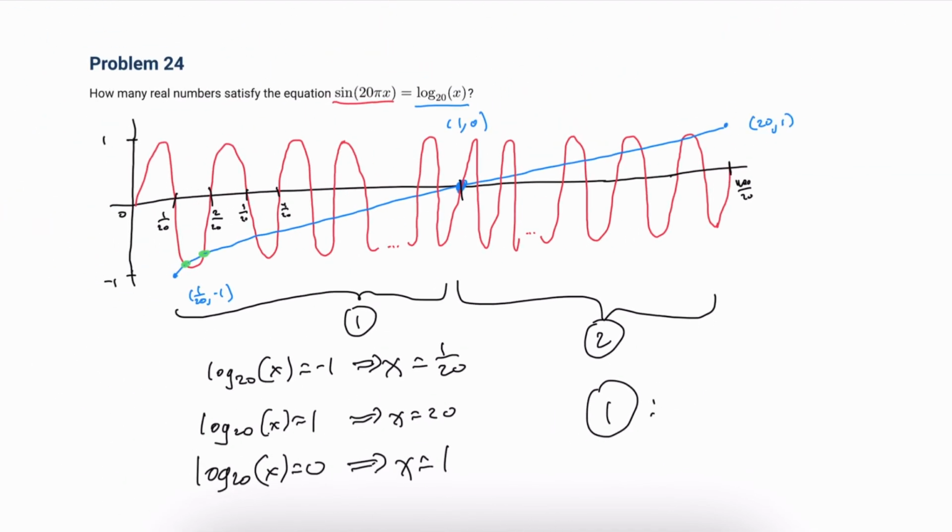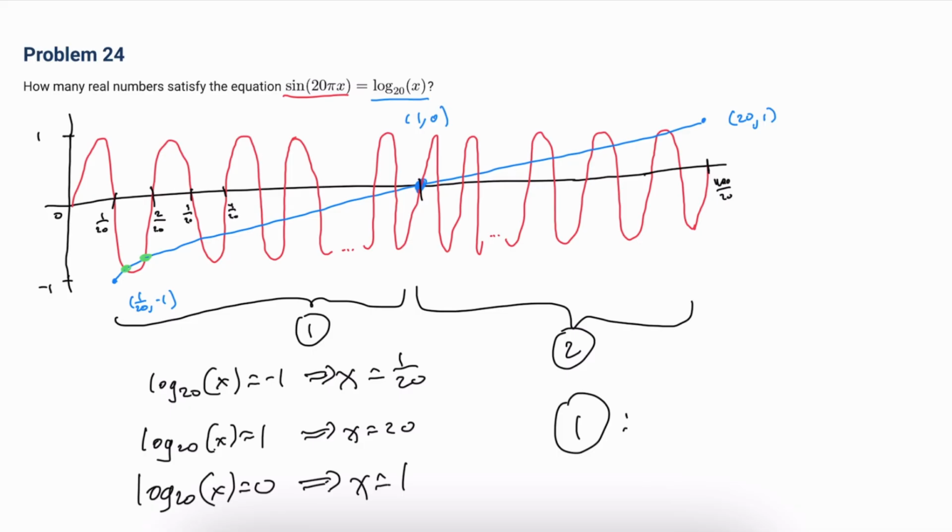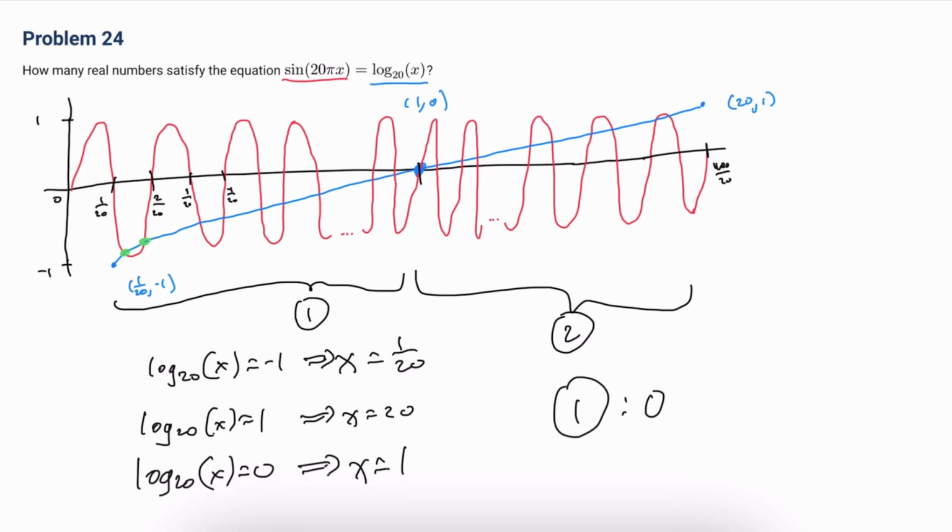So between 0 to 2 over 20, there are two intersection points. And then similarly from 2 over 20 to 4 over 20, the next period, right here, there are again two intersection points.